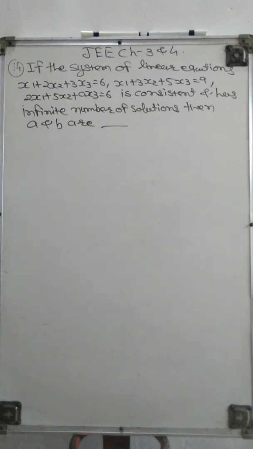Okay, next 14. If the system of linear equations x1 plus 2x2 plus 3x3 equal to 6, x1 plus 3x2 plus 5x3 equal to 9, 2x1 plus 5x2 plus ax3 equal to b is consistent and has an infinite number of solutions, then what is the value of a and b? Okay, so here not 6 but b is there.